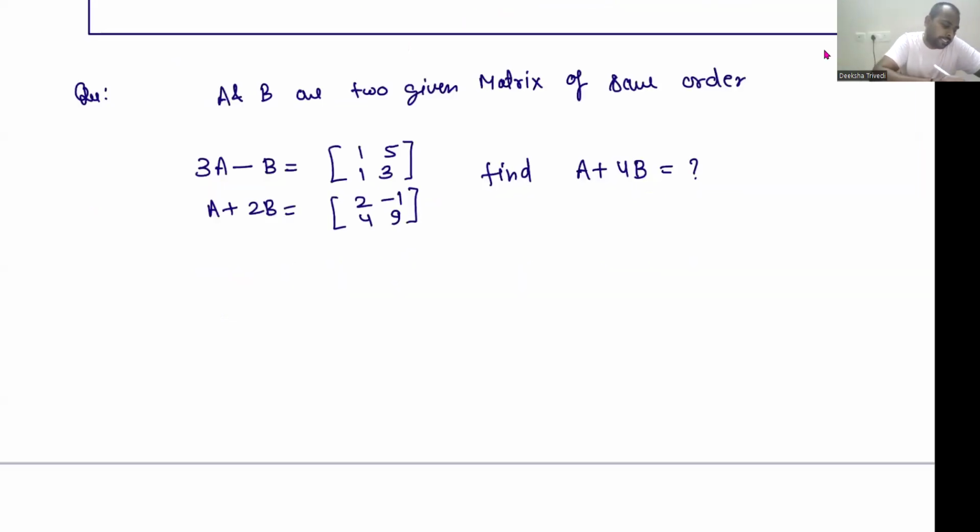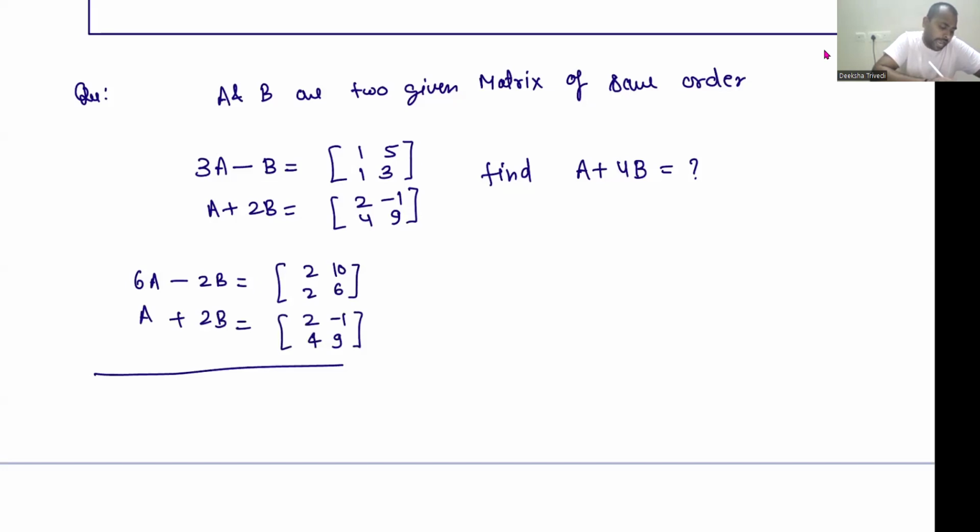Here we have B and 2B, so in the first matrix we multiply by 2. That is 6A minus 2B, which equals 2, 10, 2, 6. Now here we have A plus 2B, which is 2, minus 1, 4 and 9. Now we can easily add.